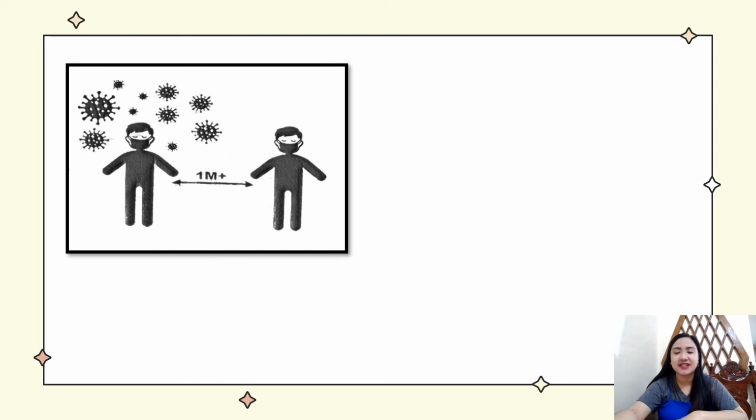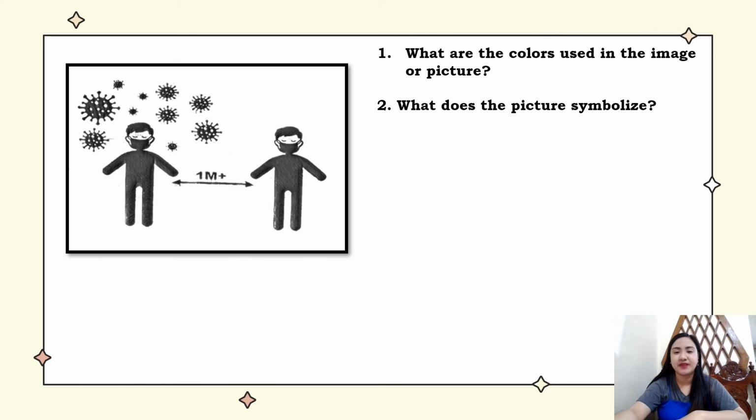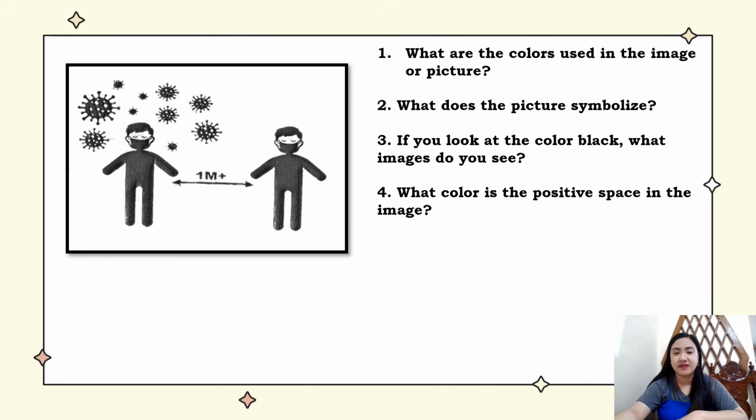Let's have the next picture. Analyze and observe the picture. What are the colors used in the image or picture? What does the picture symbolize? If you look at the color black, what images do you see?